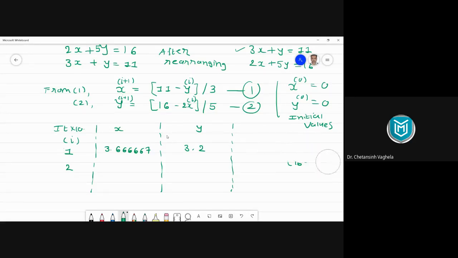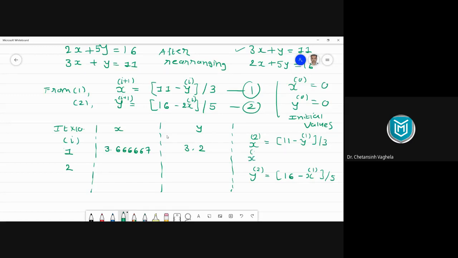So if I take I equal to 1, then my first equation will be X2 is equal to 11 minus Y1 divided by 3, and my Y2 will be 16 minus X1 divided by 5. Now this X1 and Y1 we already have available here, the value of the first iteration.